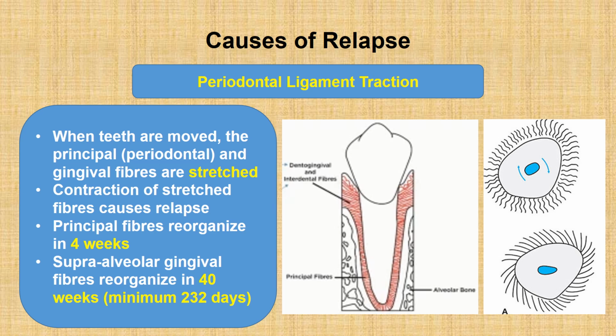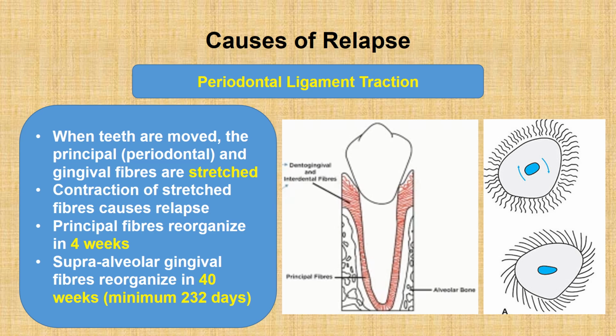Now, what causes relapse? One is the periodontal factor. When teeth are moved, the periodontal fibers and gingival fibers are naturally stretched. Contraction of the stretched fibers tends to cause relapse of the teeth.